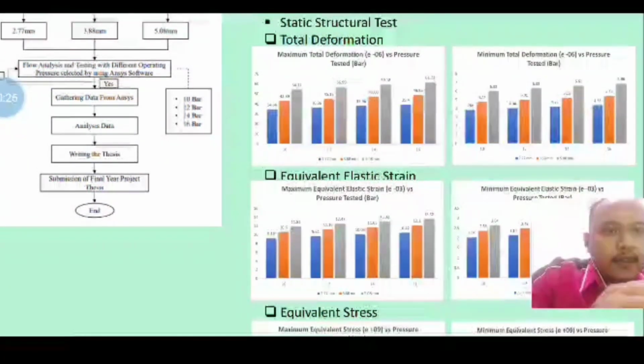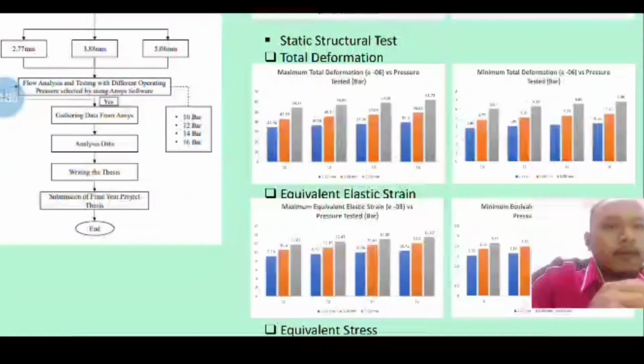In the graph of total deformation, both graphs, for maximum and minimum, show an increase between the wall thicknesses, and also show an increase between each wall thickness to the specified bar.